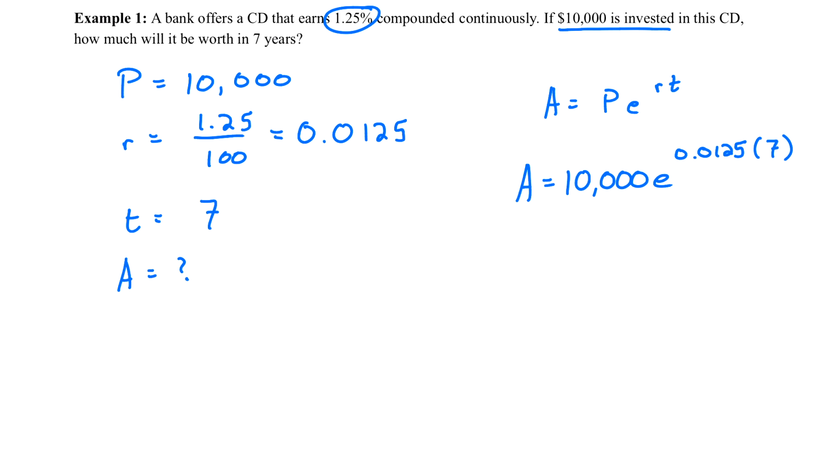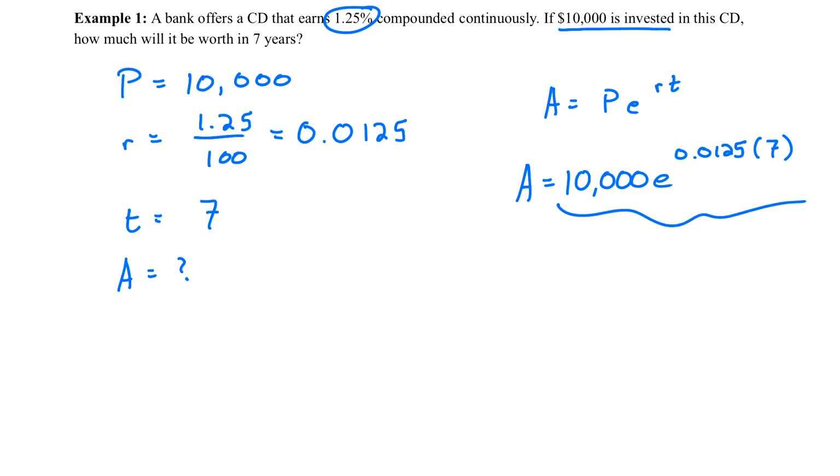Here we will want to make sure that we have an e button somewhere on our calculators. You don't necessarily need a graphing calculator in order to do that. Some of the scientific ones will do that too, but we'll want to make sure that we've got an e button there.